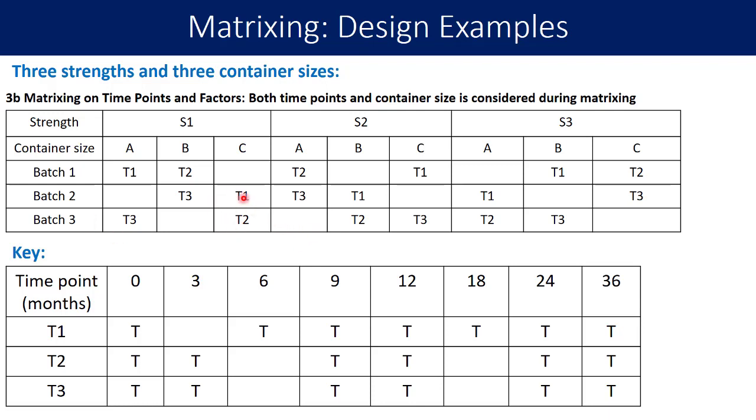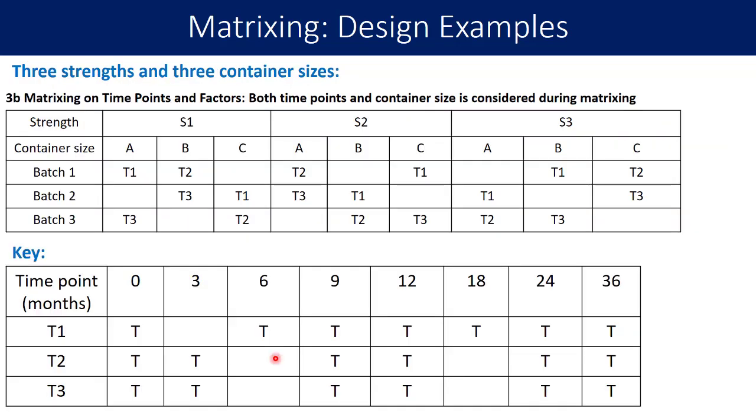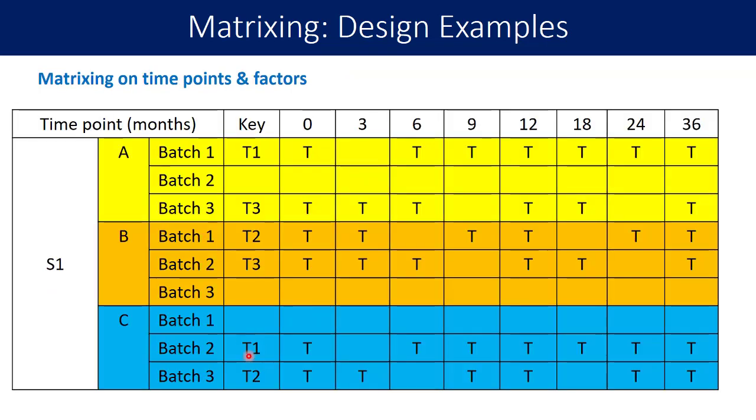So batch number 2 T1 and batch number 3 T2. Let us go back and check for the container C. So container C, again it is T1 and T2? Yeah, it is T1 and T2, right? So T1 and T2 for batch number 2 and 3, there is no mention about the batch number 1, so it is empty over here. And I have just given the definition of T1 and the T2 over here.